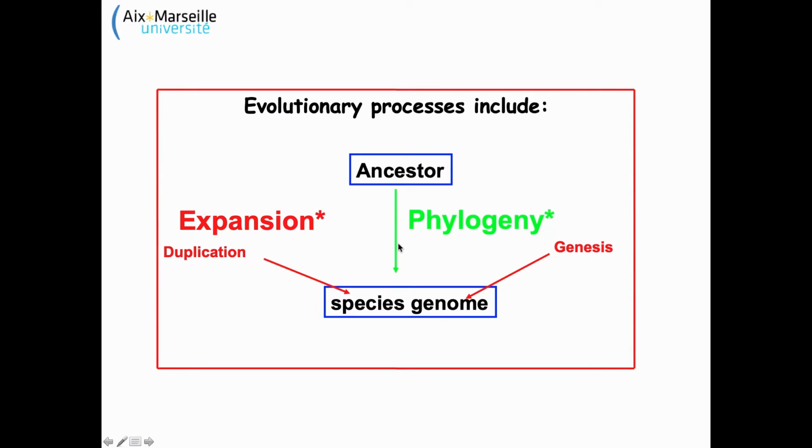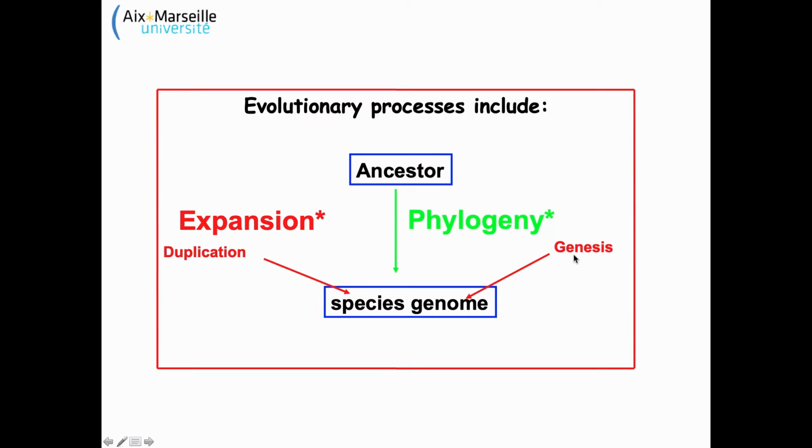And during this process, from the beginning until now, you can have duplication of some genes, okay? It means that in the ancestor you have one copy, and then in the species you get now, you have several copies of the same gene. It means that during evolution, a process of expansion takes place, and then you get genes that are duplicated.